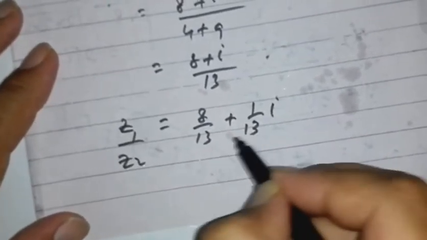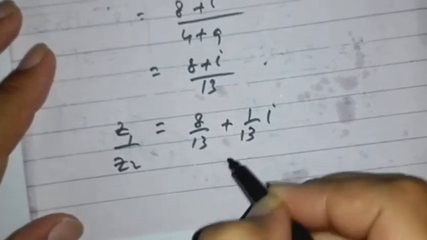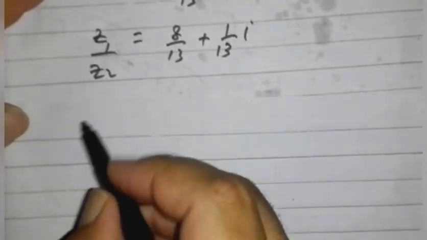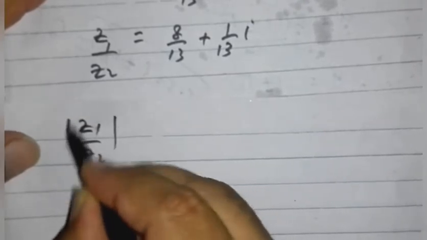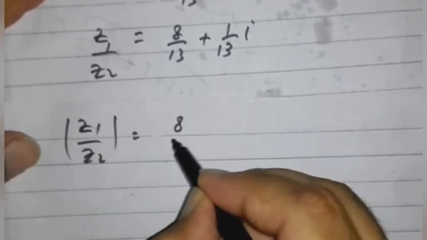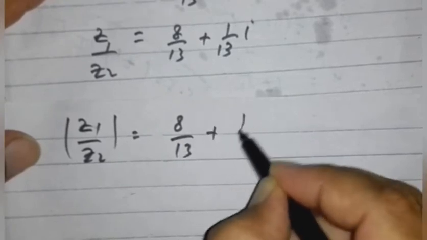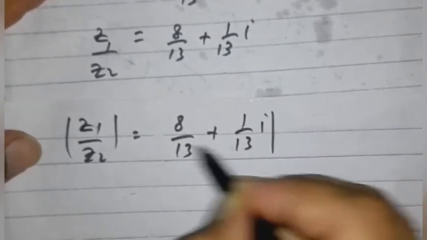Now we will take the modulus of both sides and then we will solve it. Take the modulus on both sides. Modulus of z1 divided by z2 equals the modulus of 8 divided by 13 plus 1 divided by 13 iota.